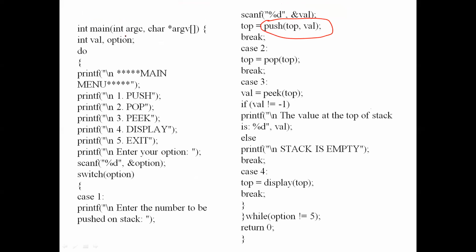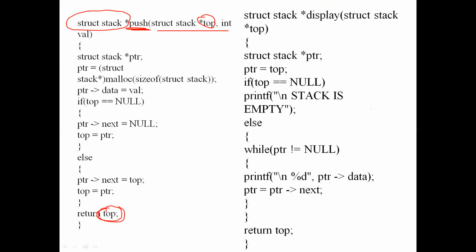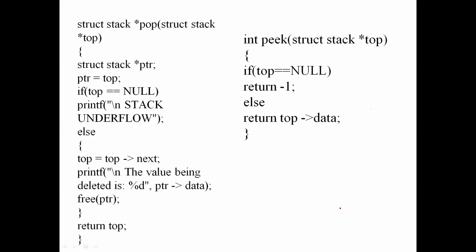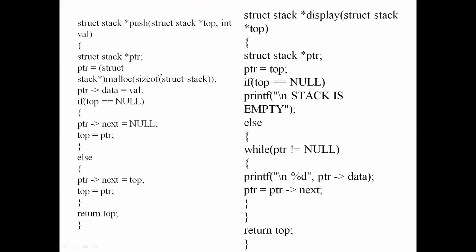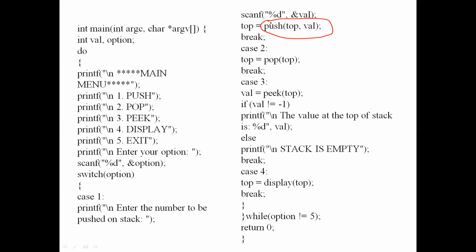Coming to the pop function, we'll see the same thing here. The same pop function, what is it doing? It's returning the top variable. Why are we returning the top variable? We'll go back to where it is actually called. When the push function is called, it returns the address, right?